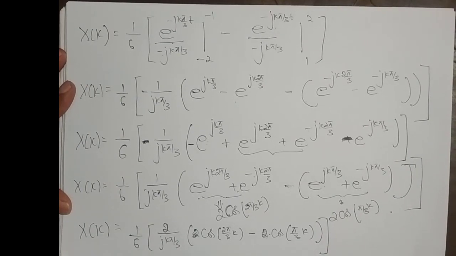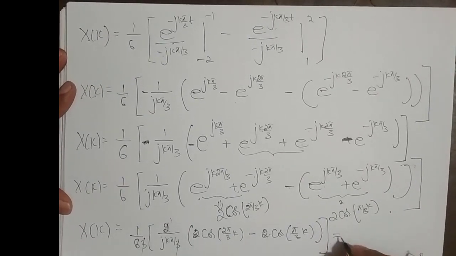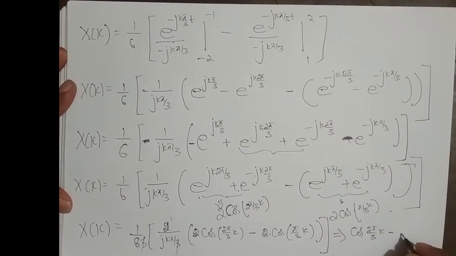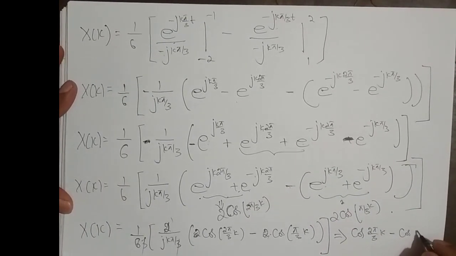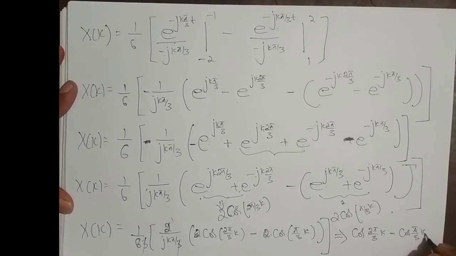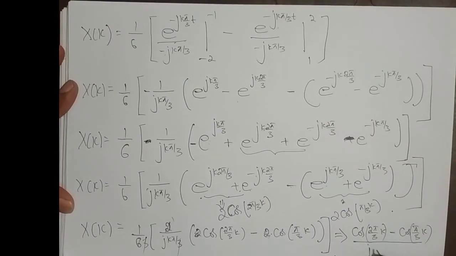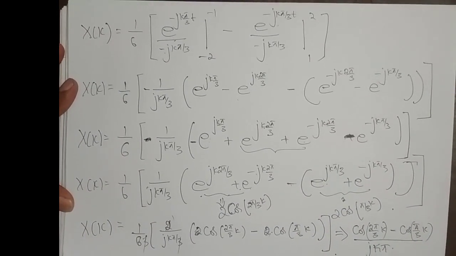So what happens, this is 2 ones are 2 threes are, and this 3 cancels out. So what I end up here is cos of 2 pi by 3 into k minus cos of pi by 3 into k, these two come under the angle, whole divided by j times k into pi.